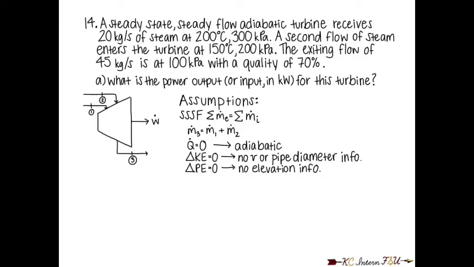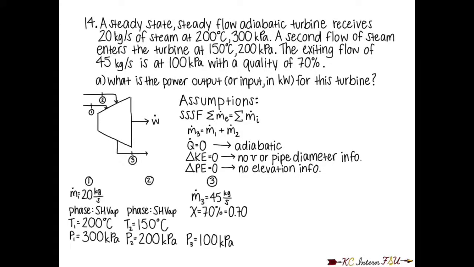The heat transfer is equal to 0 since it is adiabatic. The kinetic energy difference is equal to 0 because no information about the velocity or pipe diameter was given, and the potential energy difference is equal to 0 because no elevation information was provided. We will then write out all of the given information on each flow.